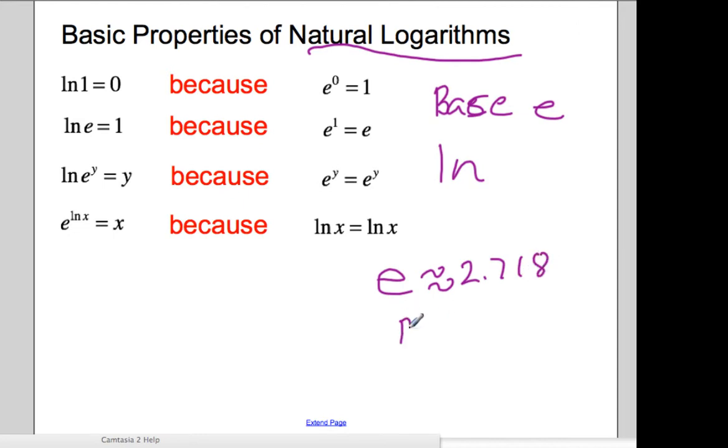It is used in the banking industry. They use it to find interest when it's compounded continuously. It's also used in the insurance industry. And once again, your rules are pretty much exactly the same as they have been on the previous two screens.